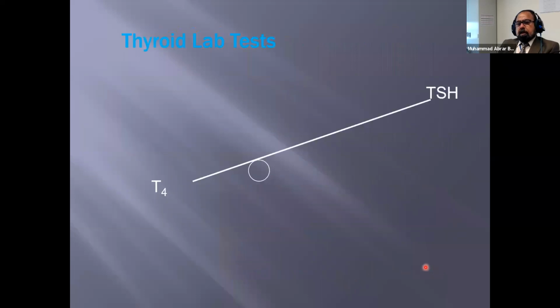Now, how to check for hyperthyroidism? So we usually take two things. One is TSH and the other is T4. The TSH, when it is secreted, causes an excessive amount of T4 hormone to go out.